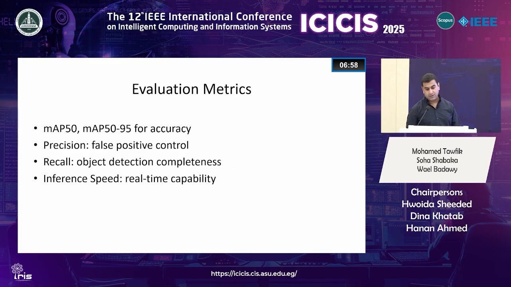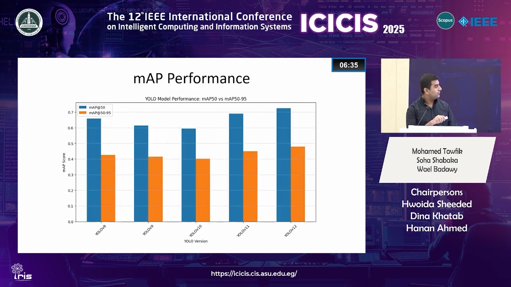These are our evaluation metrics. We evaluate our models using mean average precision, recall, and inference speed. For mean average precision, we used 50 intersection over union, and from 50 to 95 intersection over union.